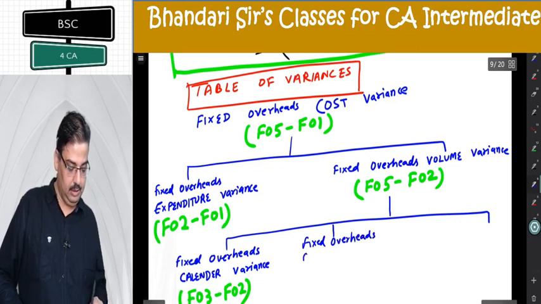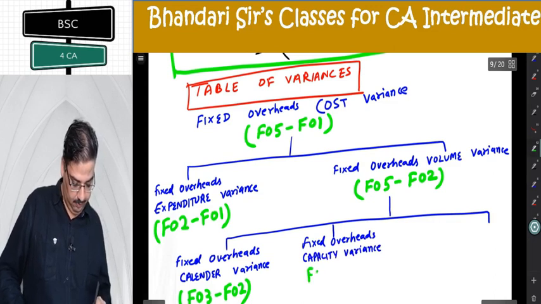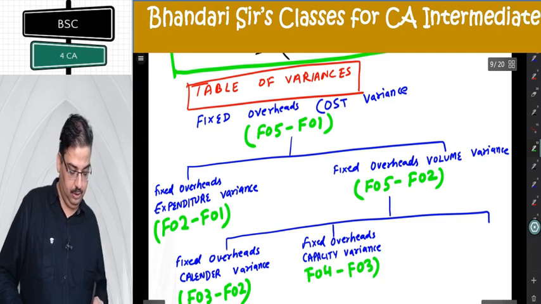Fixed overheads capacity variance: FO4 minus FO3.